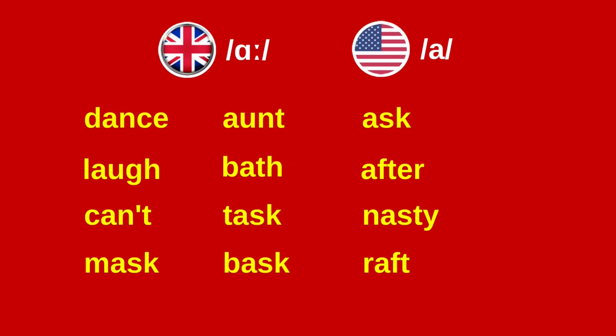Then we can move on to the next sound. I'll read these words in the British way first, and then I'll try to read them in the American way. The basic difference here is these words have the vowel sound ah in British English, but it becomes a in American English. So let's try reading this. In the British pronunciation, it's dance, aunt, ask, laugh, bath, after, can't, task, nasty, mask, bask, and the final one, raft.